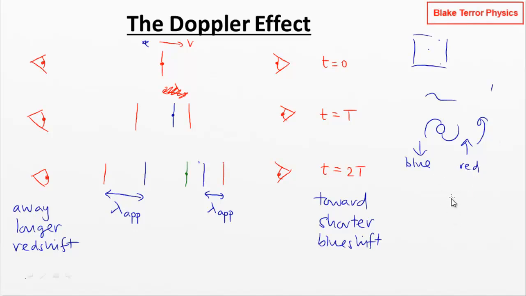So if you then look at the spectrum that would be produced by that galaxy, you're not going to be getting sharp absorption lines or sharp emission lines. These absorption lines are going to be spread out because some of the wavelengths are going to longer wavelengths because of the red shift, and some are going to shorter wavelengths because of the blue shift.